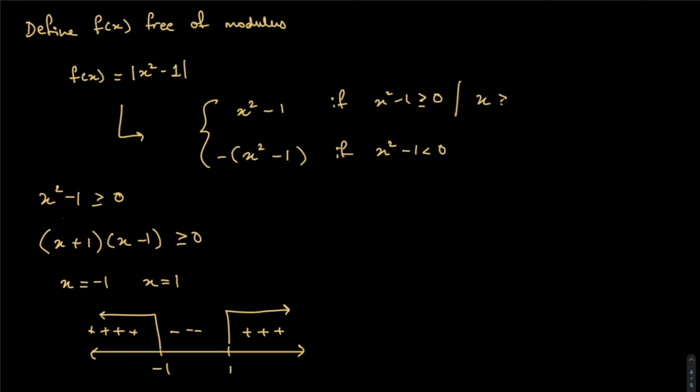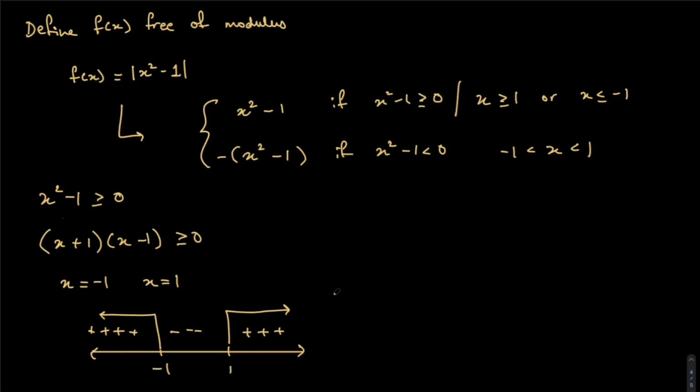So I can rewrite this: when x is greater than or equal to 1, or x is less than or equal to -1, and here it's whenever x is between these two, so between -1 and 1. This is how I can break it down every time.